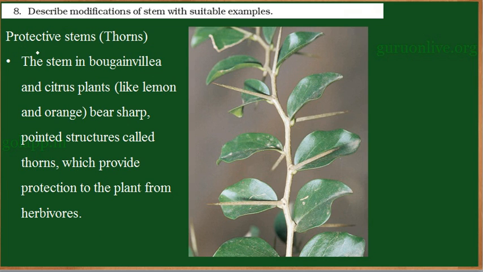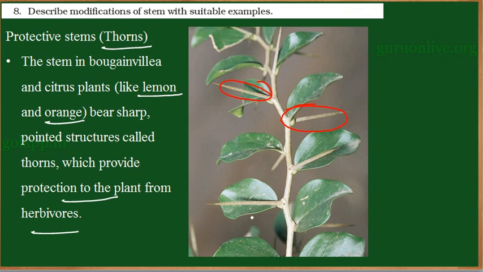And the next modification is thorns. So generally we observe thorns. So these are the thorns over here. In certain plants like citrus plants, that is lemon or orange, they have a sharp thorn. These pointed structures provide protection to the plants from herbivores. The thorn pricks, so it provides protection against animals which come to eat the plant.